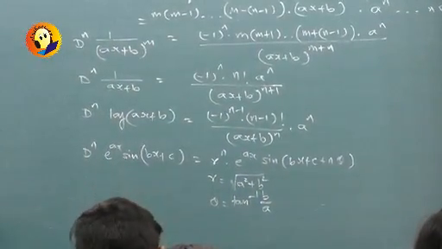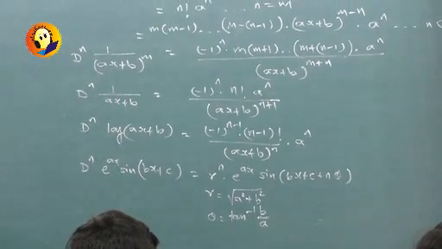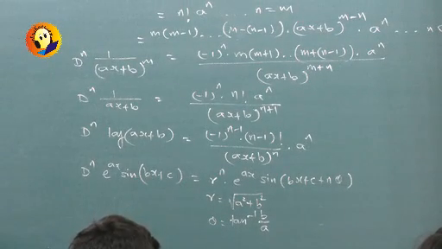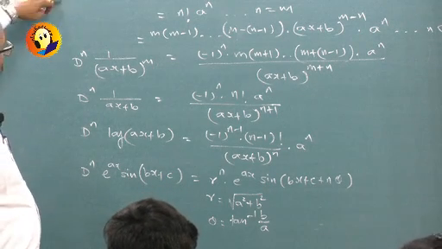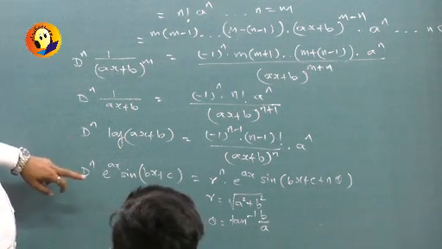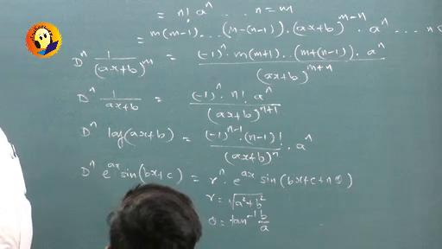So these are the formulae which we have seen. Anything remaining? Do we have any other formula? It was 1, 2, 3, 4, 5, 6, 7, 8, I suppose. That's it.